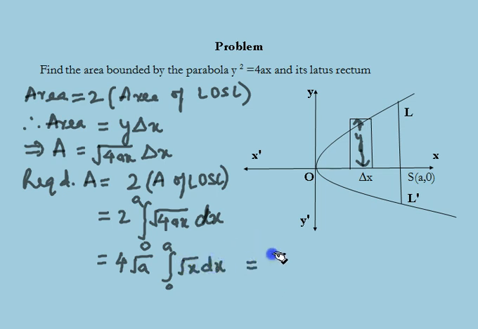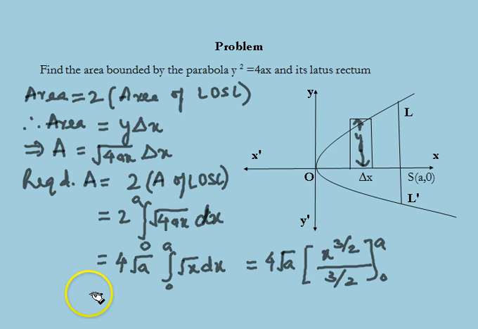This is equal to 4 root a, and this integral is evaluated to give x to the power 3 by 2 divided by 3 by 2, with limits 0 to a.